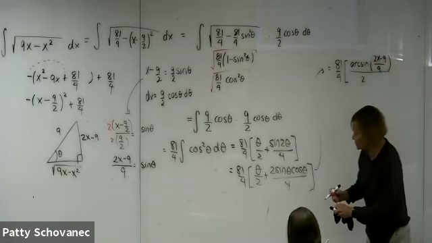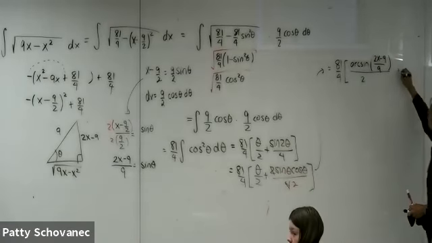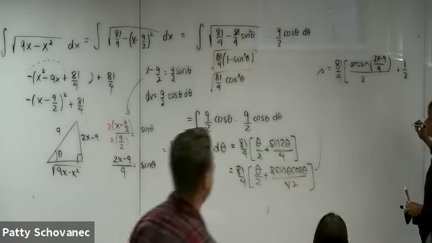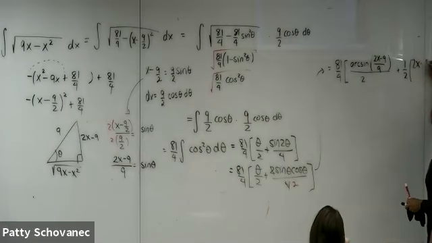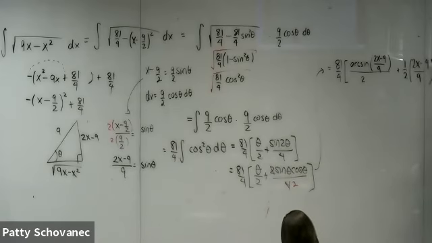I'm going to cancel the 2's here and write that right here, 1/2. Now the sine of theta was 2x minus 9 over 9. And then I have the cosine of theta, using that picture, is that funny radical sign, square root of 9x minus x squared over the hypotenuse, plus the constant.